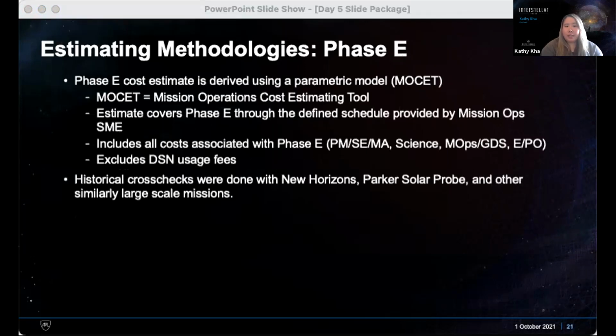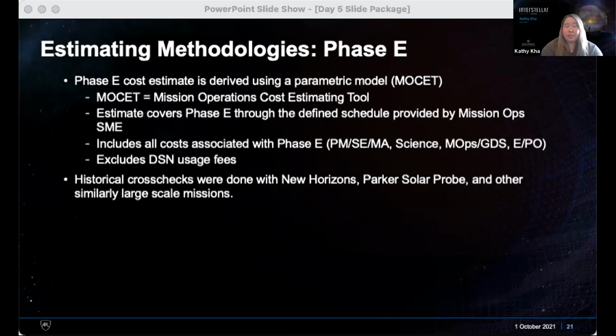Okay, and then for phase E, we used the Mission Operations Cost Estimating tool. This is also a NASA developed tool, and it covers all of phase E through a defined schedule that was provided by the mission ops people for that phase E 50-year duration. It includes all the costs that you would associate with phase E, so PM, SE, MA, science, mission ops, GDS, and EPO.